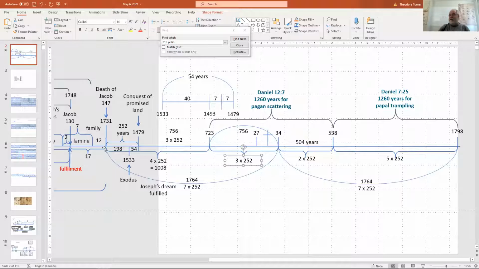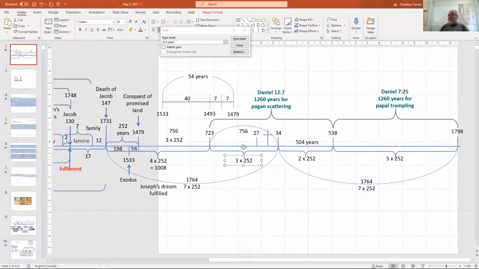And in working through some of this history, trying to understand, we know Jewish tradition puts 2 periods of 7 years, 7 years to possess the land and 7 years to have rest from their enemies. So that gives a period of 252 years.